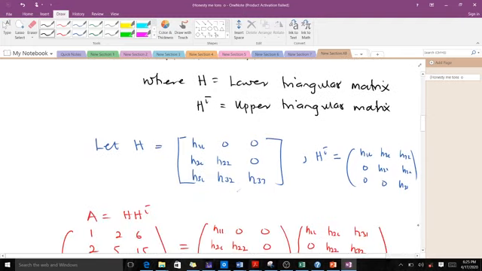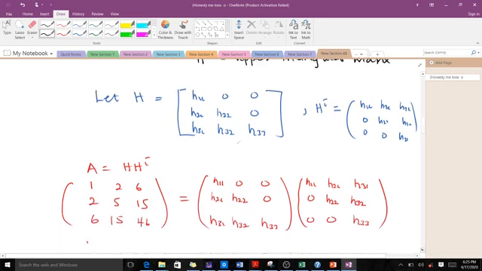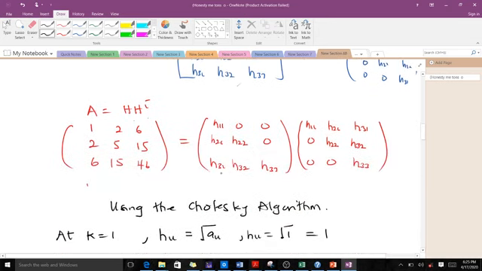We are using H. So we let H be this lower triangular matrix here, and the upper triangular matrix is going to be the transpose of it. Note that we only use this method when our matrix is symmetric and positive definite. So A is equal to H H transpose, where this is our lower triangular matrix and this is our upper triangular matrix. When you get here, you can just do matrix multiplication and make comparison.